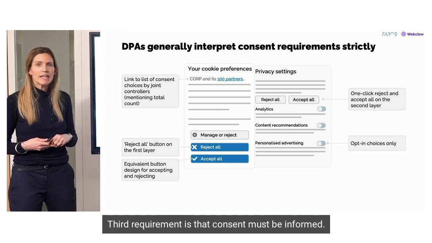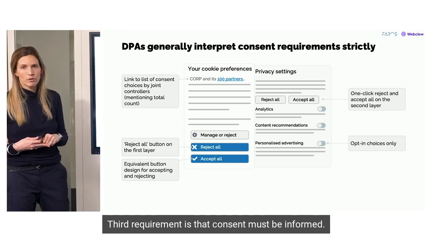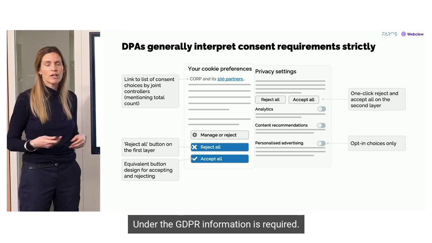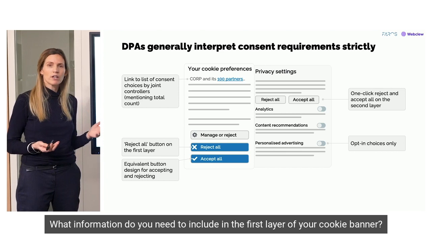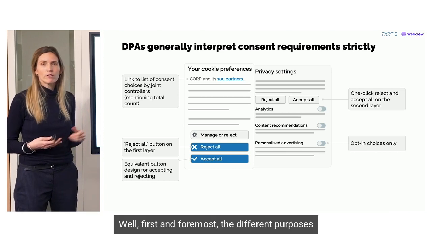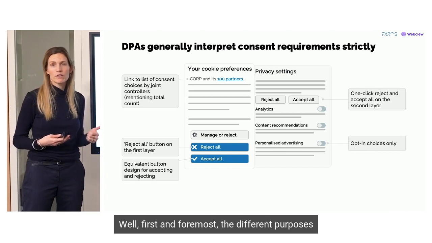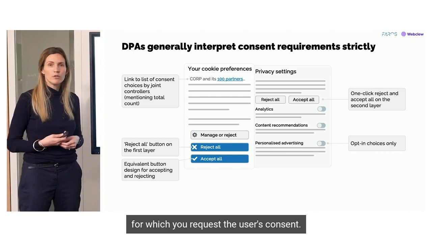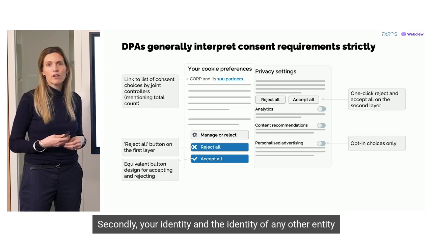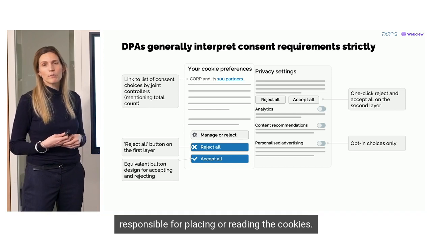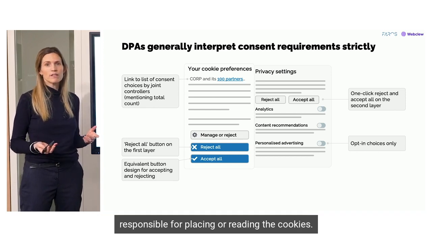Third requirement is that consent must be informed. Under the GDPR, information is required. What information do you need to include in the first layer of your cookie banner? Well, first and foremost, the different purposes for which you request the user's consent. Secondly, your identity and the identity of any other entity responsible for placing or reading the cookies.